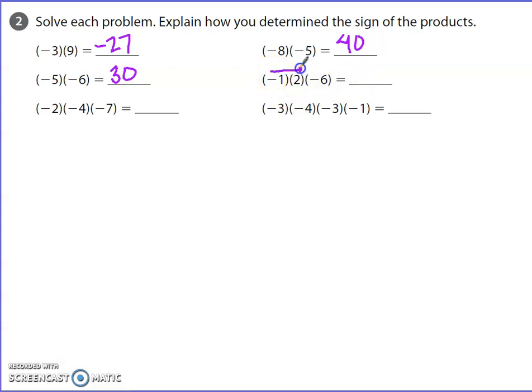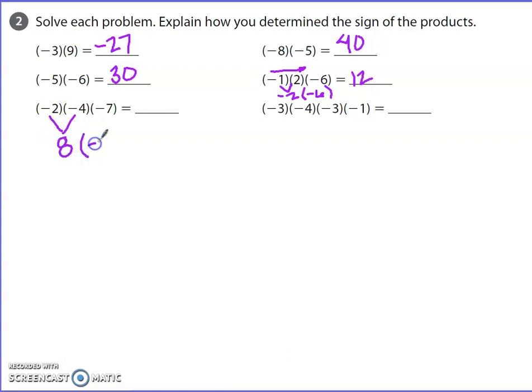You have to work from left to right according to order of operations. You're going to have negative 2 times negative 6. That's positive 12. Be really careful. When they all have the same sign and there's 3 integers here, our final answer is going to be negative. Watch. Negative 2 times negative 4, that's positive 8.